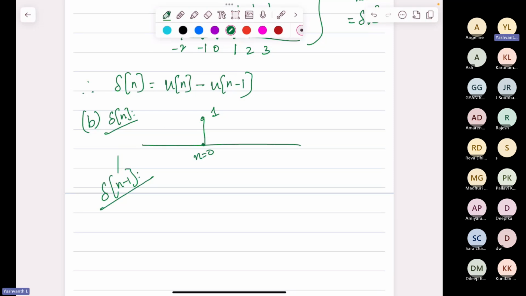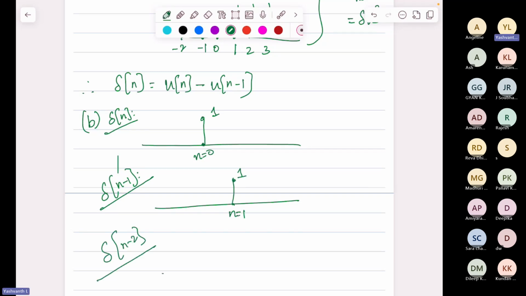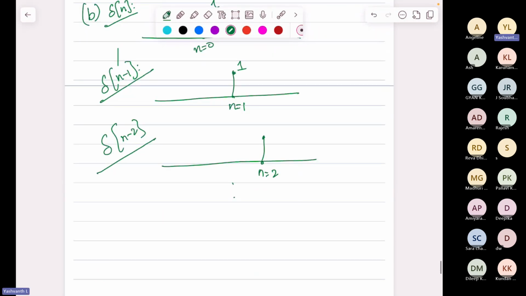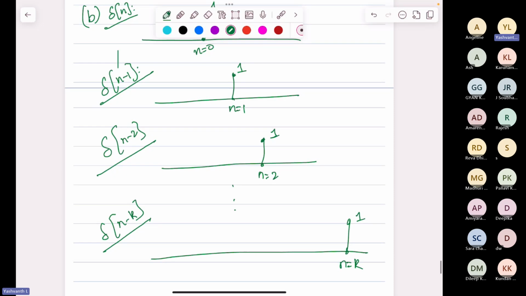When will the argument go 0? n equal to 1. Therefore, at n equal to 1, I have a 1. Similarly, delta of n minus 2 is what? At n equal to 2, I will have a 1. Similarly, delta of n minus some k is nothing but at n equal to k, I will have a 1. Now, can anyone tell me how to obtain u of n from these deltas?